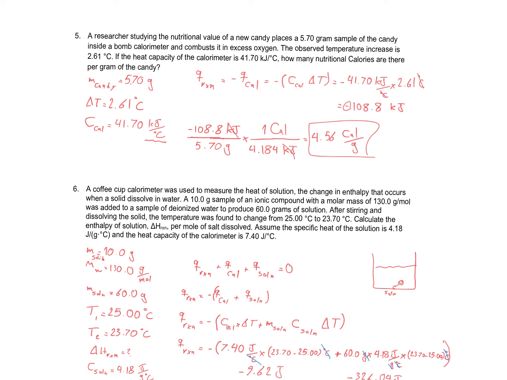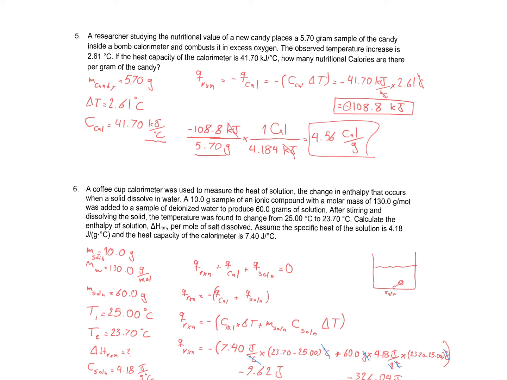That amount of heat was released with 5.7 gram of candy. What we are trying to find is the calories per gram, so we have to divide Q of reaction by the total mass of the candy, which is 5.7.